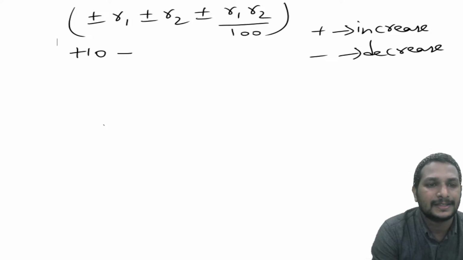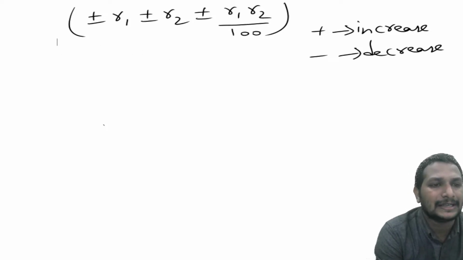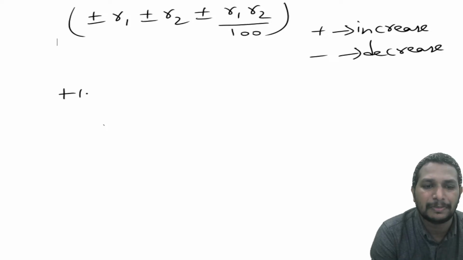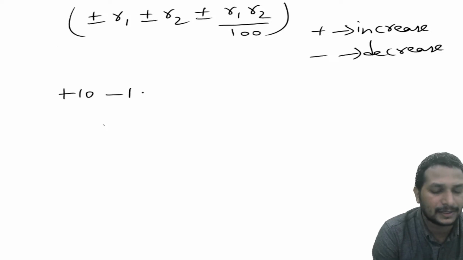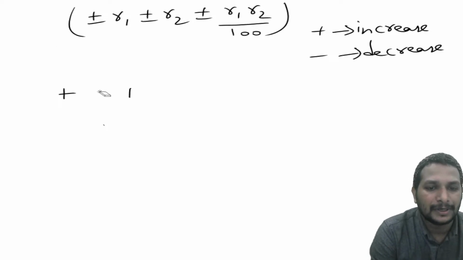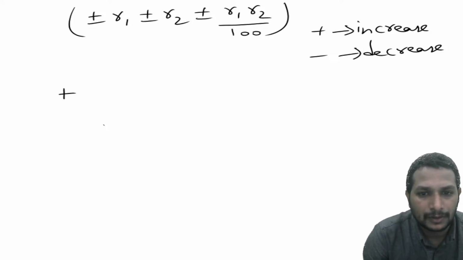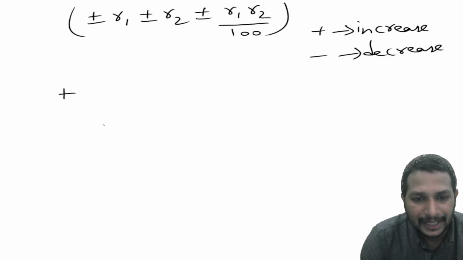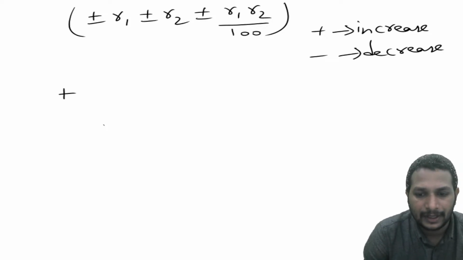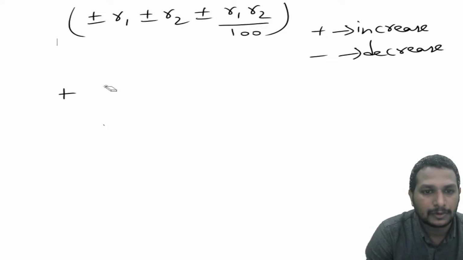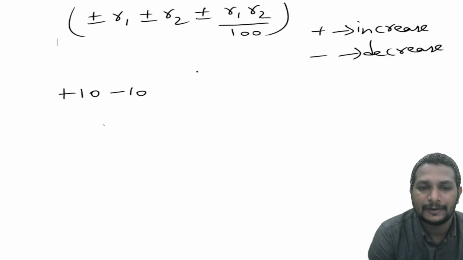Here there is a change in such a way that increase as well as decrease. So increase means plus, decrease means minus. Just 10% increased and 10% decreased. Plus 10, minus 10.